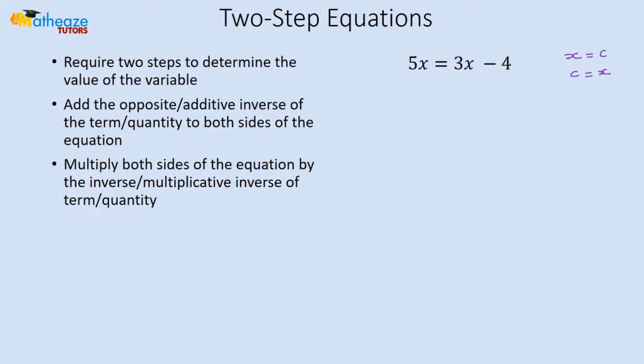So the opposite of 3x is going to be negative 3x. This is negative 3x. So we have 2x equal to negative 4. Now we're going to divide by the coefficient of x, which is 2. Divide this by 2. So x equal to negative 2.